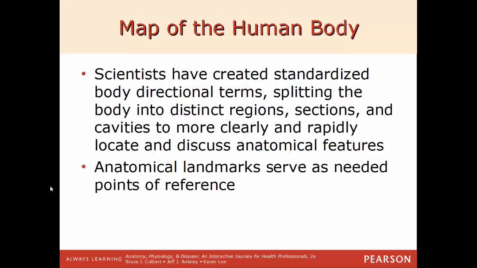Scientists have created a very standardized, very accepted list of body directional terms, splitting the body into distinct regions and sections and cavities and planes and so on. They're used to clearly and rapidly locate various anatomical features. And often anatomical landmarks will serve as a point of reference.